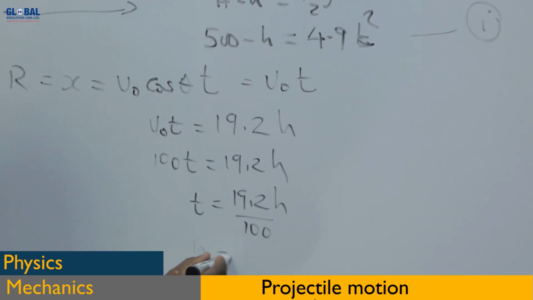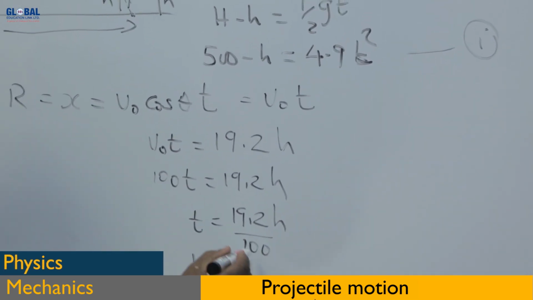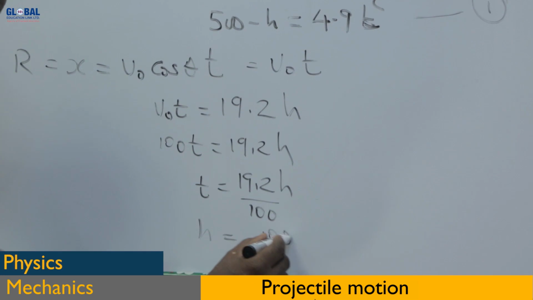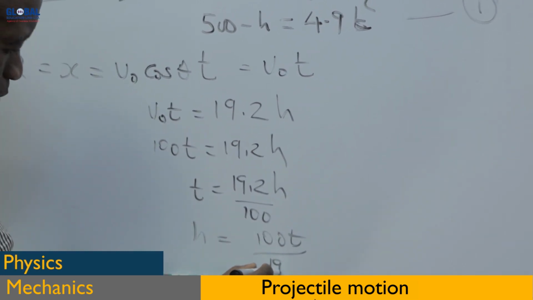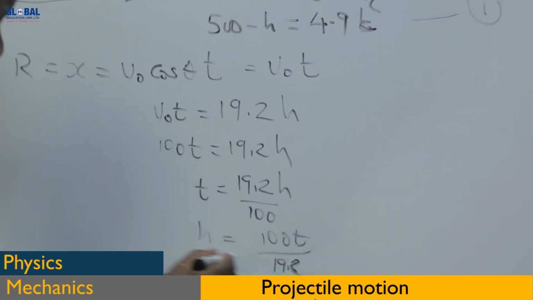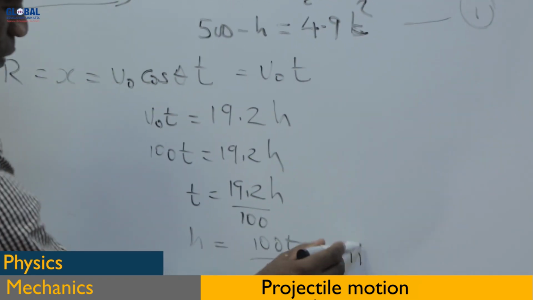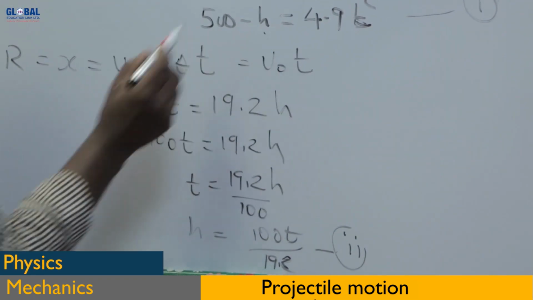So that h will be equal to 100t over 19.2. Now I substitute this expression for h into this particular equation.